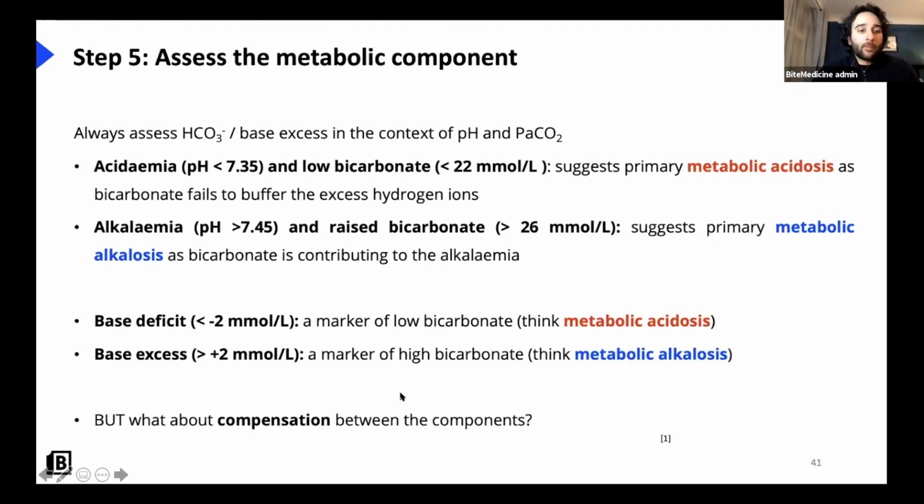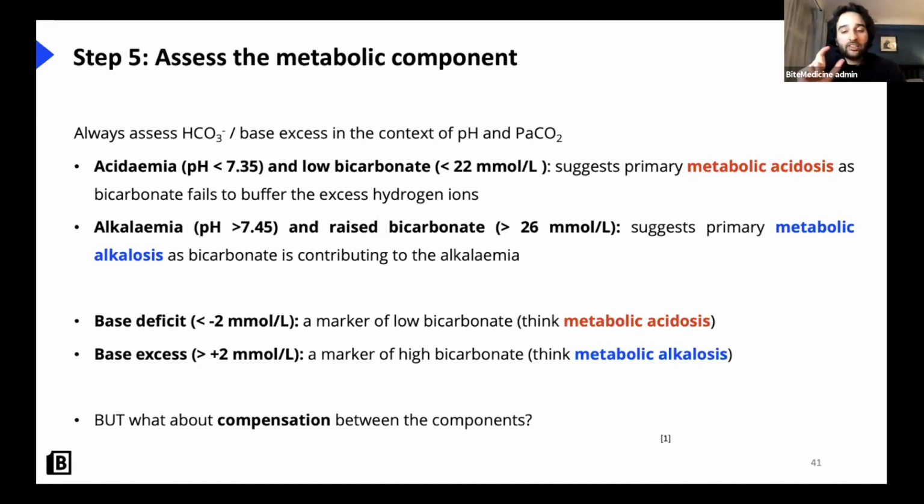Okay, but what about compensation between these components? As I touched on before, these systems are not totally distinct or separate. There has to be an interplay between the two, because if there isn't, then your pH will be outside of the normal range in patients with various comorbidities.